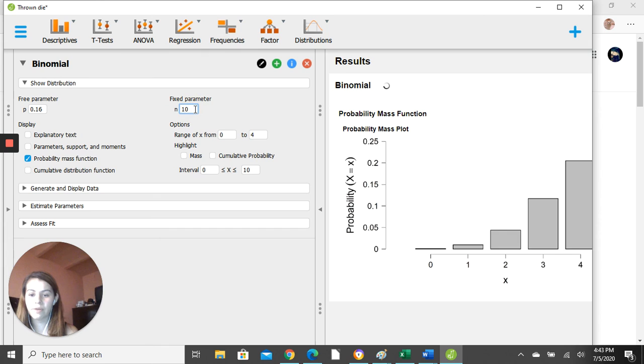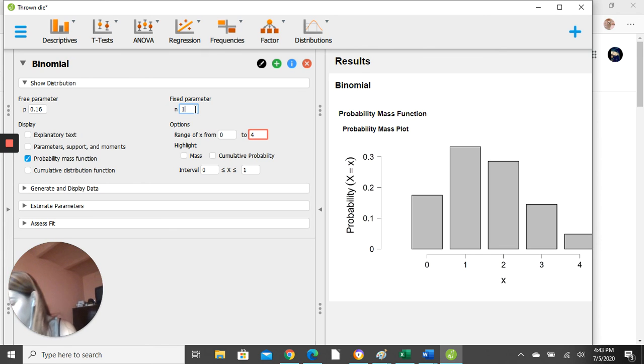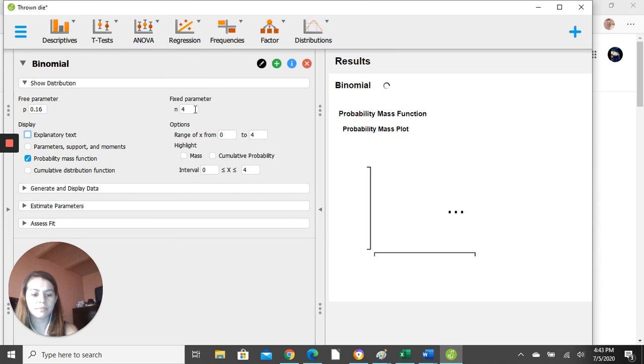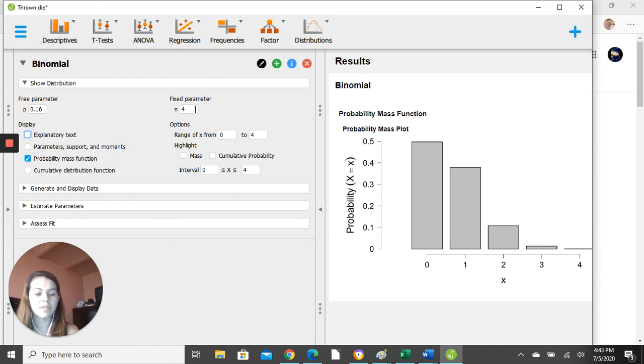And then our number of trials was 4. So this is what we get. This is how my graph looks.